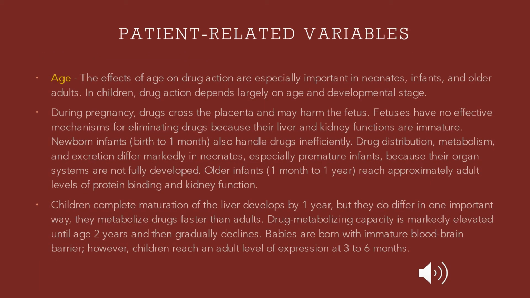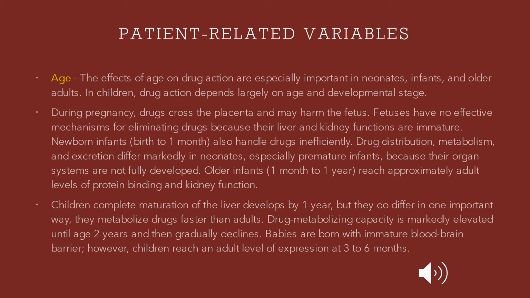Patient-related variables. The effects of age on drug actions are especially important in neonates, infants, and older adults. In children, drug actions depend largely on age and developmental stage. During pregnancy, drugs cross the placenta and may harm the fetus.